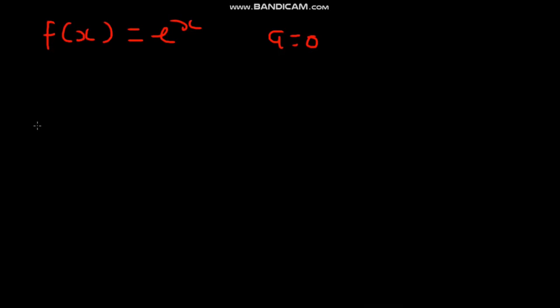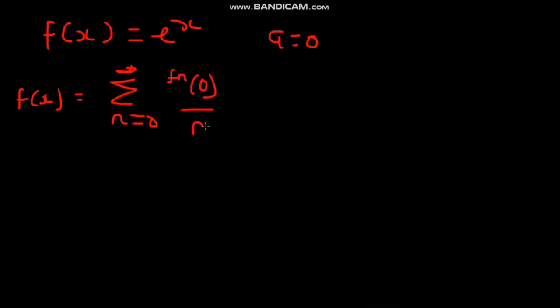Okay, so now let's write down the general formula. So f(x) will be equal to the sum from n equals 0 to infinity of the nth derivative of the function at 0 over n factorial, times (x minus 0) to the power n.